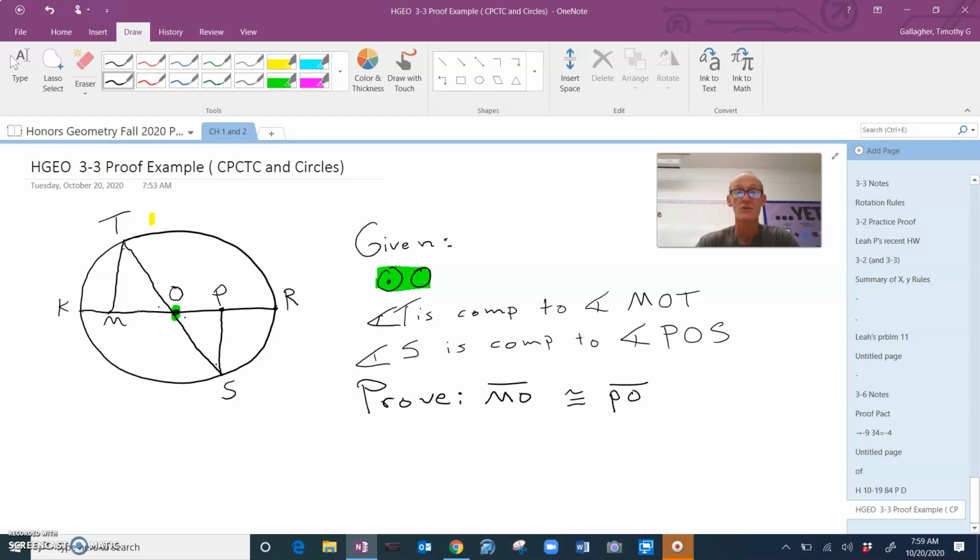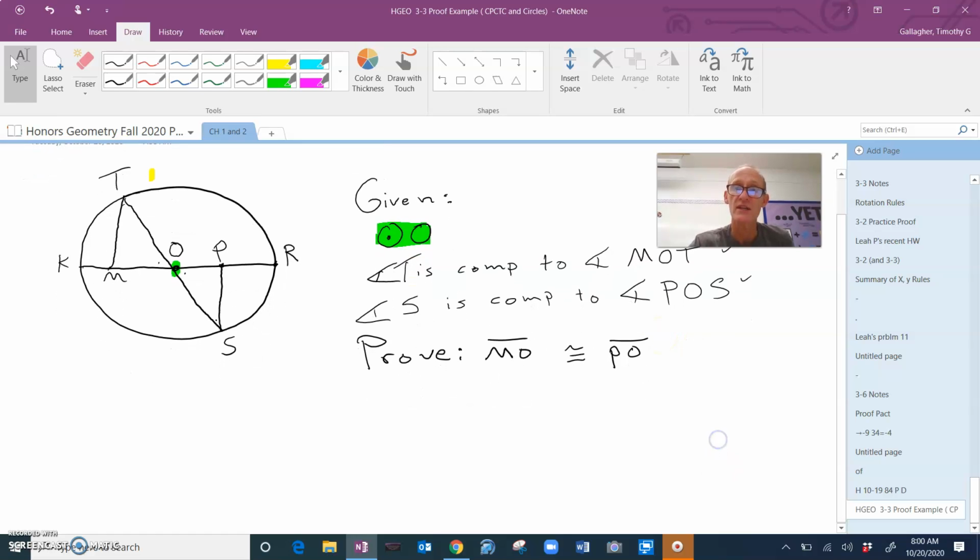Okay? So now we need a two-column proof to try to get this done. So I think what we should do is put these two givens down and then make these two angles equal because they're vertical angles. Let's start there. Angle MOT and angle POS, those are vertical angles, so we can get those congruent.